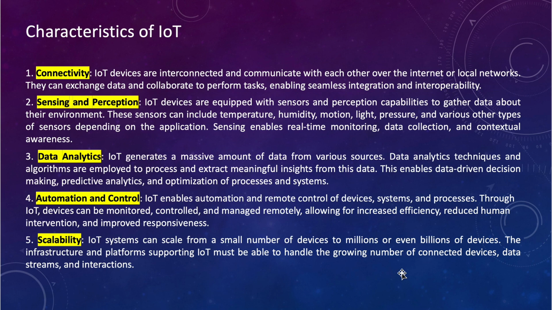Through IoT, devices can be monitored, controlled, and managed remotely, allowing for increased efficiency, reduced human intervention or human error, and improved responsiveness. So if you go through that again, right?